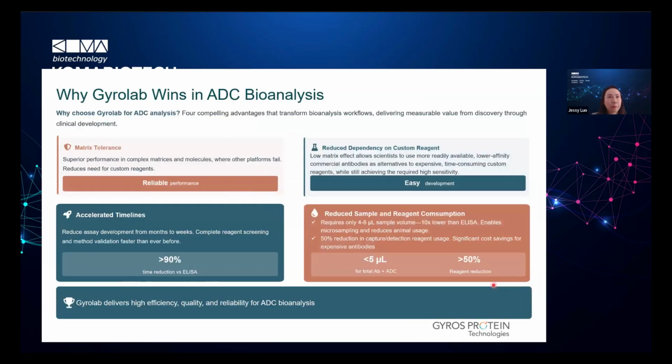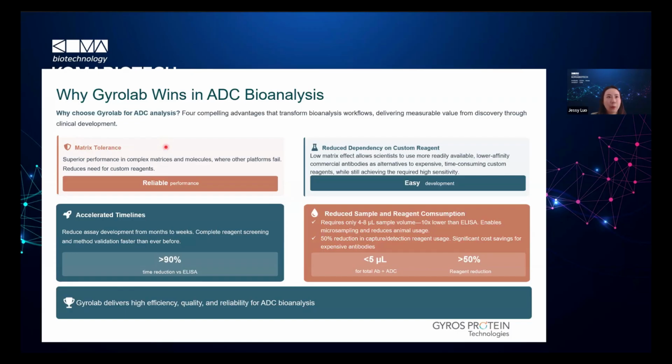Okay, to summarize where we can do better in ADC analysis, the most popular reason why customers would like to use Gyrolab for ADCs is the low matrix effect, or quite good matrix tolerance.